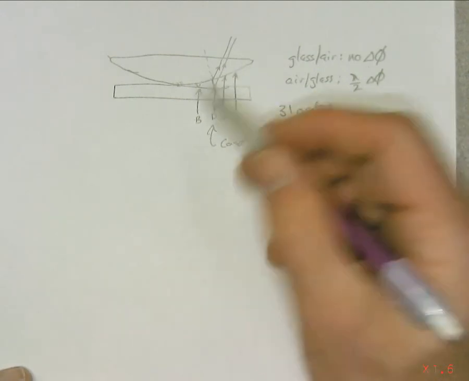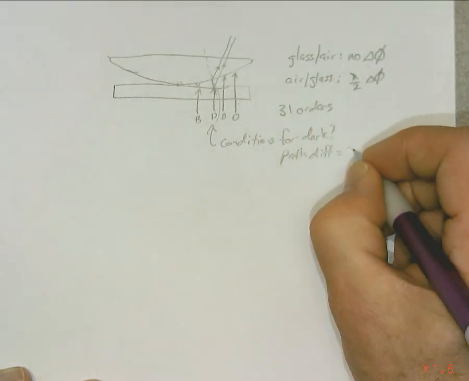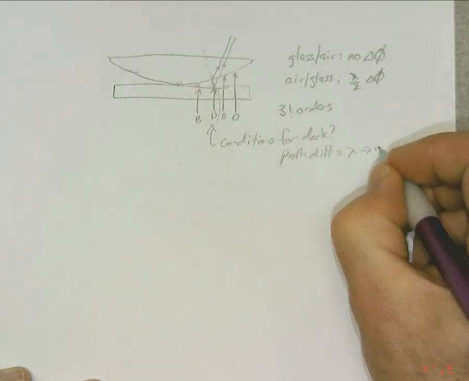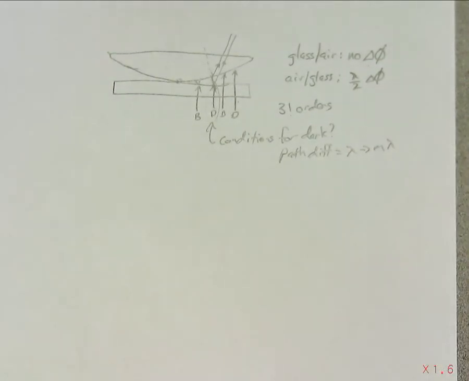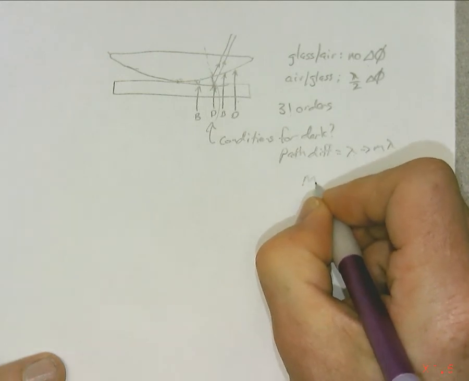So for subsequent ones, we need a path difference of lambda, which means m lambda for the different orders. Every additional lambda of path difference, we get another dark spot, which means that we have m lambda. Now I have to be careful.